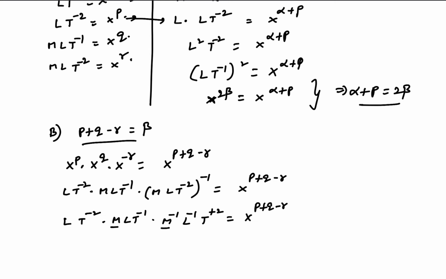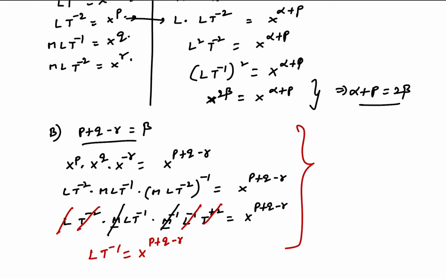M and M power minus 1 get cancelled, L and L power minus 1 get cancelled, so finally one L is there. T power minus 2 and T power plus 2 get cancelled. So we can write L T power minus 1 is equal to x power p plus q minus r.